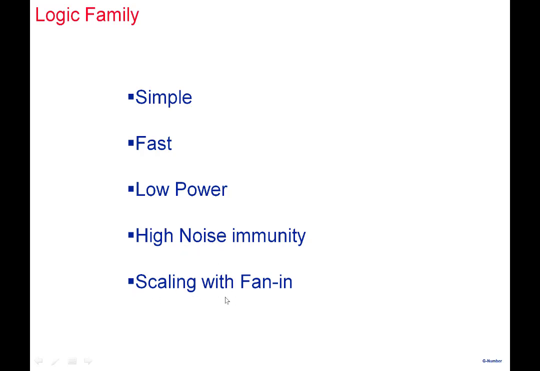And we're looking also that my logic family scales well with fan-in. As the number of inputs of a NOR gate or a NAND gate increases, it scales well, in the sense that the delays do not increase too much, and neither does the area increase too much as you increase the fan-in. So these are the dimensions along which you can compare the different logic families: the area, the delay, the power, the noise immunity, and how it scales with fan-in.